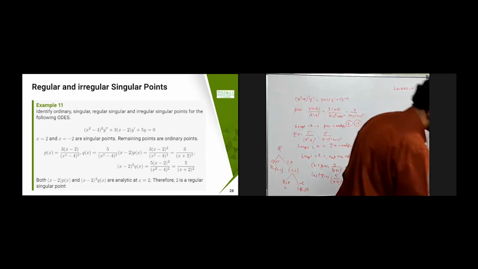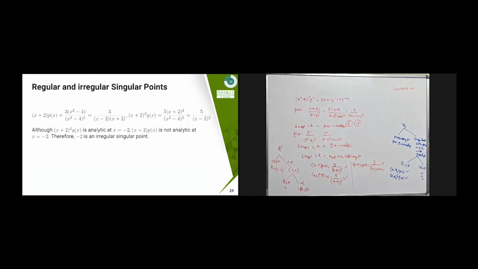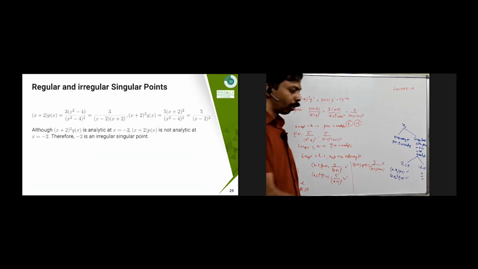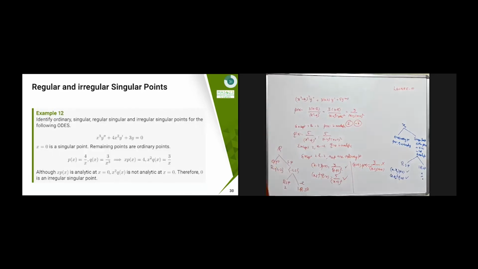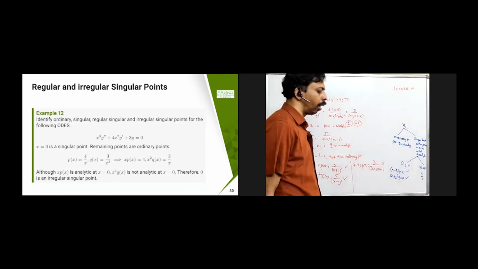At x equal to minus 2, p of x is not analytic, so you can immediately say it is not a regular singular point. In fact, I can verify (x plus 2) whole square into q of x is analytic, but if at least one is not analytic, then you can say this is not going to be a regular singular point.